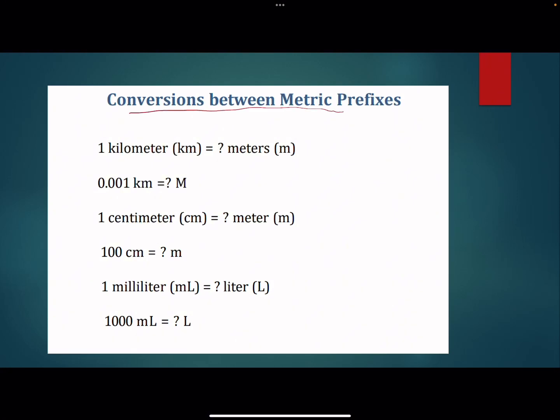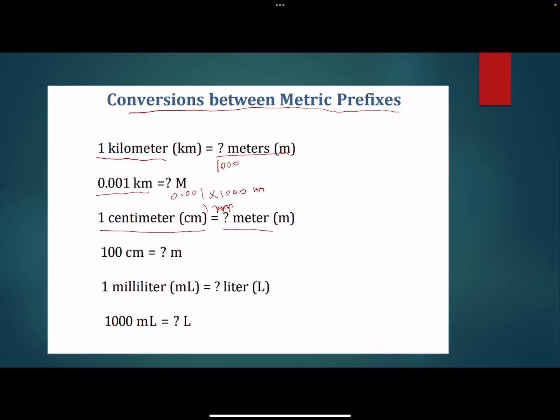So, converting between metric prefixes. If we have 1 kilometer, how many meters is that? It will be 1,000 meters. And backward, 0.001 kilometer will be 0.001 times 1,000 meters, which is 1 meter. And 1 centimeter, how do we convert it to meters?